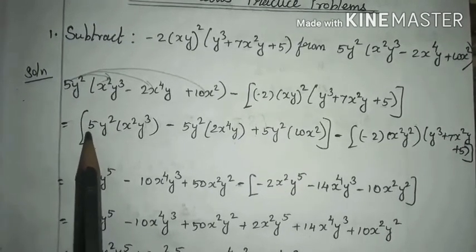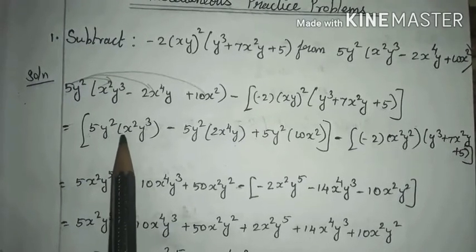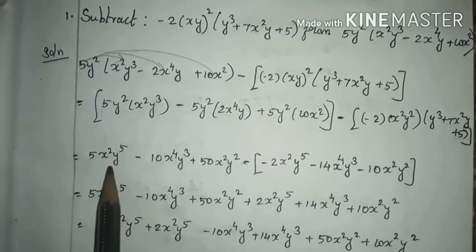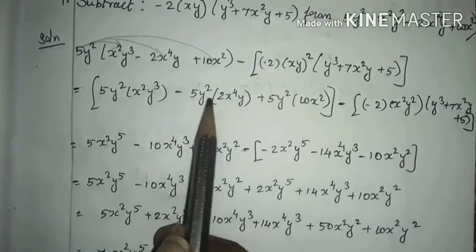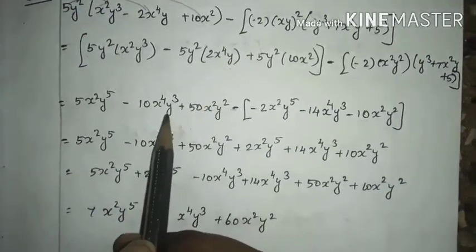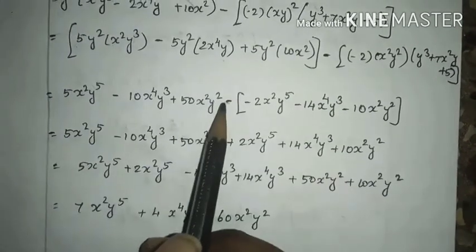Now we are multiplying the coefficient, we get 5, and multiplying the variables we get 5x square y square and y cube is multiplied to get the product as y power 5. The same way in the second term, minus 5 into 2 we get minus 10, then x power 4 y square into y we get y cube, plus 50 x square y square.